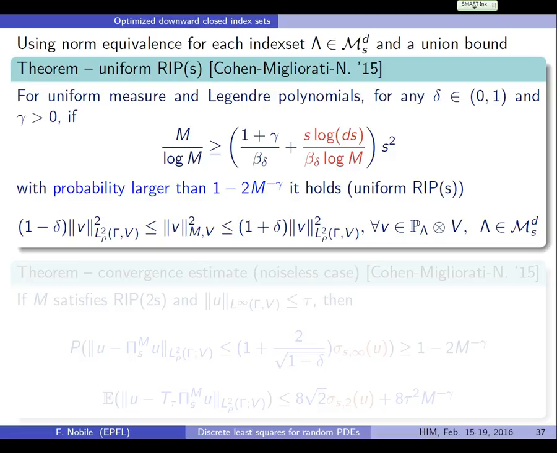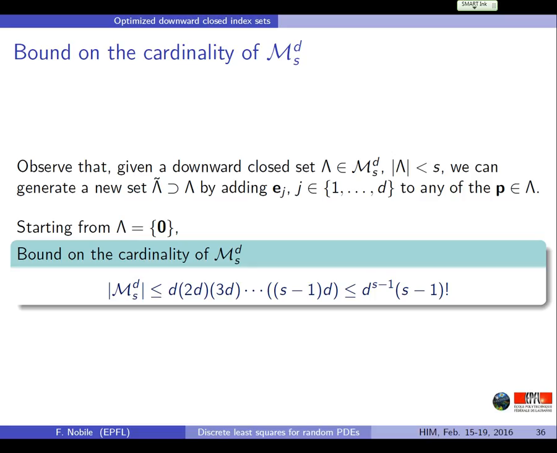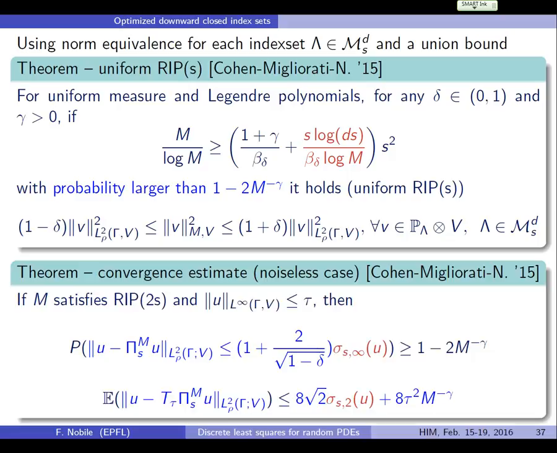So it looks bad compared to L1 minimization in compressed sensing. But the advantage here is that we do not care about a priori truncation of the universe. So there is not a log n universe. And having this uniform stability, now we can recover basically the same type of estimates as before.